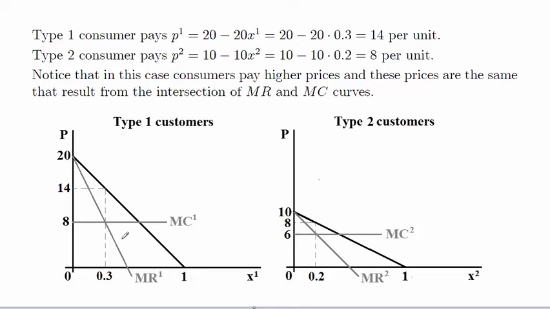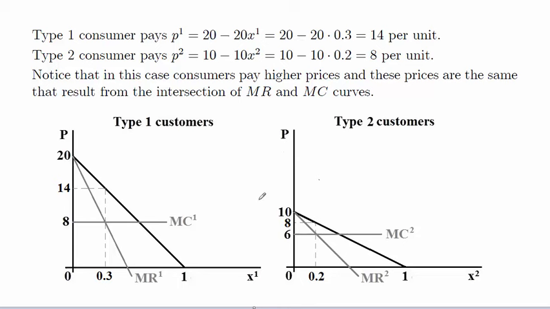So if you recall part 2 of this question, we had a similar graph, right? But our price was between 8 here for type 2 consumer and 14 for type 1 consumer.